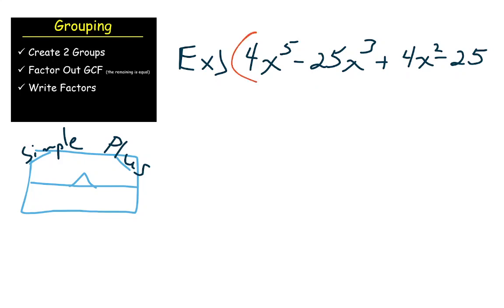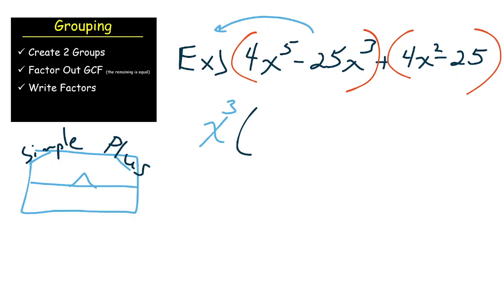When there's 4 terms, you group the first 2 and last 2 terms, and then do the GCF thing. The GCF appears to be only an x, but an x to the third leaves us with a 4x squared and a minus 25.